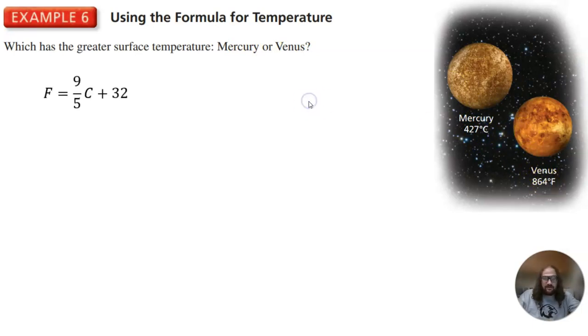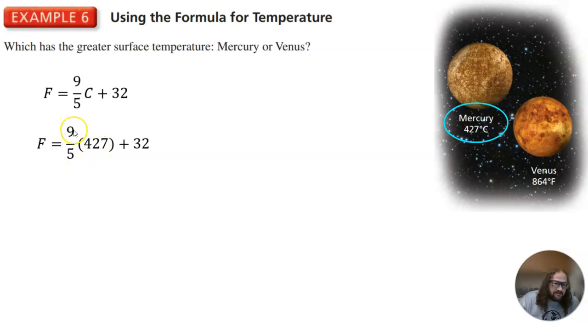So with this formula that gets us Fahrenheit, we could use our Celsius temperature and convert it to Fahrenheit and then compare the two temperatures. Our Celsius temperature is 427, so we're going to substitute 427 in for C in this formula. Then we're just going to use the calculator to do 9 divided by 5 times 427.